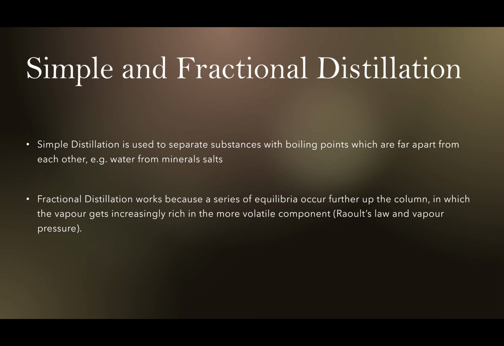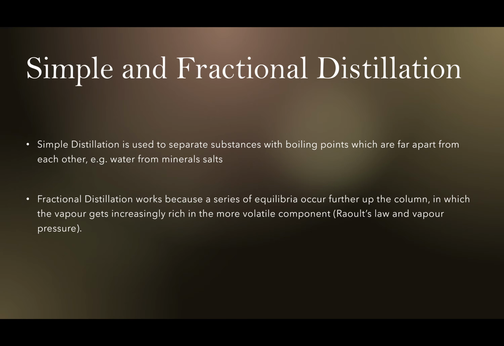So simple and fractional distillation. What we're looking at is what really underpins these. We know what simple distillation is. It's used to separate substances with two different boiling points, where the boiling points are far apart. And fractional distillation is generally the same thing, but with multiple substances.